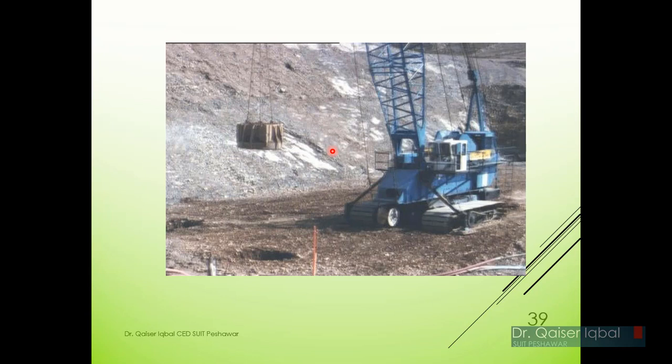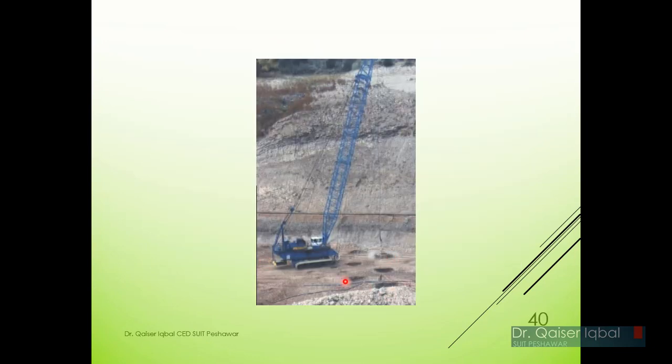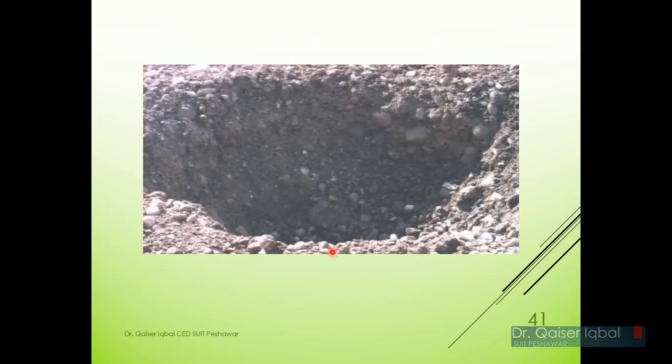Okay, by adding pier shaft, aggregate filled piles, which you saw in the previous slide, or by compacting it with the load. If the soil is granular, you can see over here there is a granular soil, and this is a huge load which they have lifted with this crane. Okay, and they will drop it at these locations, which you can see over here, a number of locations they will be dropping it, and because of the dropping of this load, the soil is being compacted and a crater is being created.